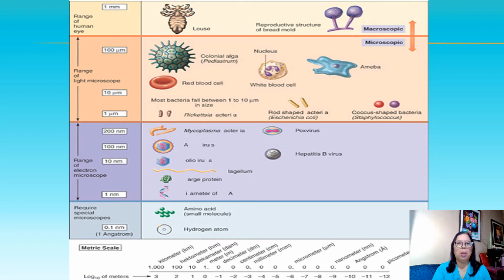This is for the case of some algae. And then here is your red blood cell, more or less measured still in micrometer. And then these are microorganisms already. Some are as big as 1 micrometer. But usually most organisms, as you can see here, they are measured in terms of nanometer.